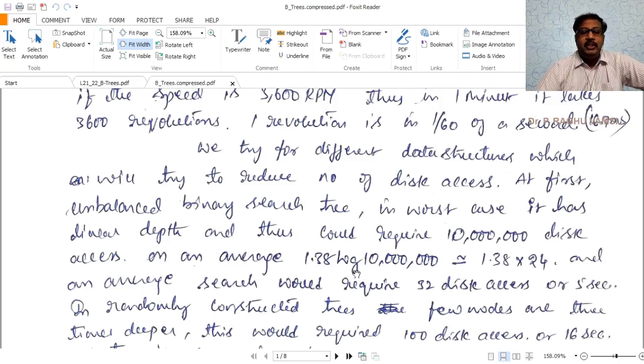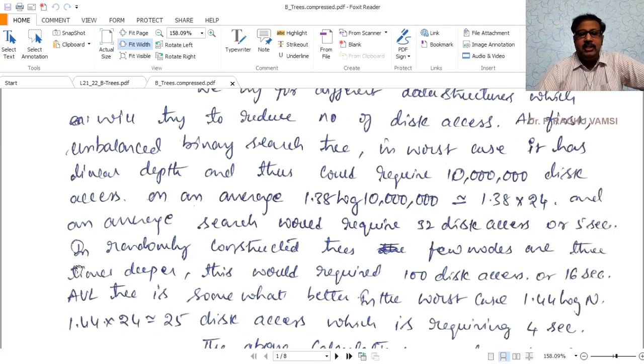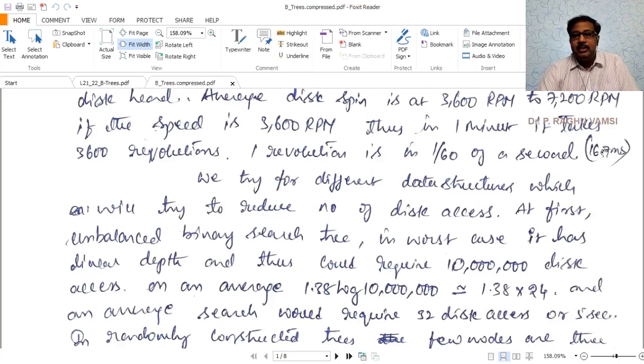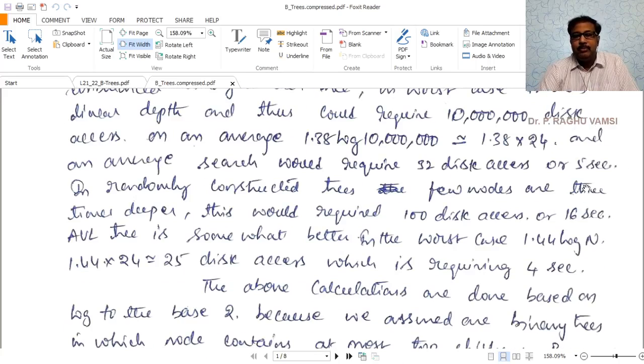So 1.38 log 10 million is almost 1.38 into 24, since 10 million is roughly 2 power 24, so the log to the base 2 gets cancelled. So 1.38 into 24 means on an average it would require 32 disk accesses, or 32 into 16.7 milliseconds, which comes to around 5 seconds.